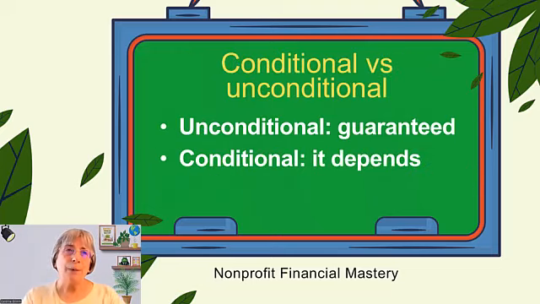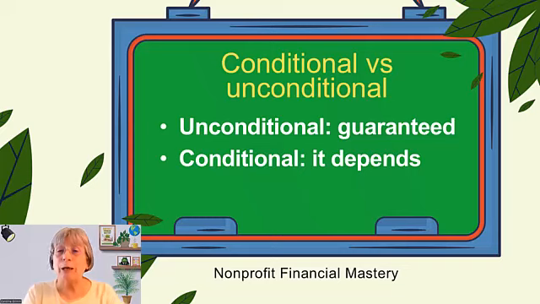When we're talking about contributions, those contributions can either be conditional or unconditional. An unconditional contribution is a guaranteed thing. Conditional contributions, on the other hand, depend. If you do the thing that the donor wants you to do, then you'll get the money. So let's say I'm going to donate money to your nonprofit so you can build a playground.